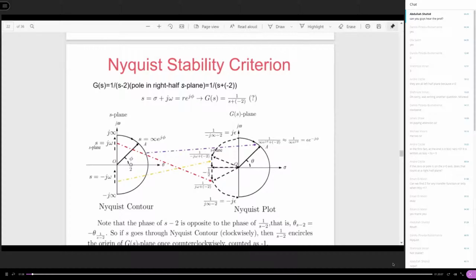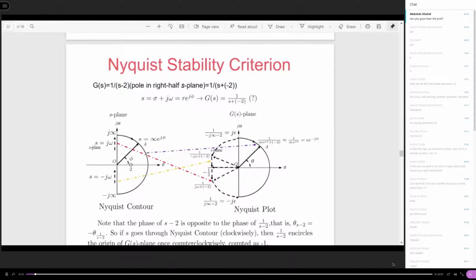Simply put, if you have zeros and poles in the left half plane, then the Nyquist plot will not have any encirclement around the origin in the G of S plane. If you have zeros and poles in the right half plane, then you will see encirclement around the origin on the G of S plane.